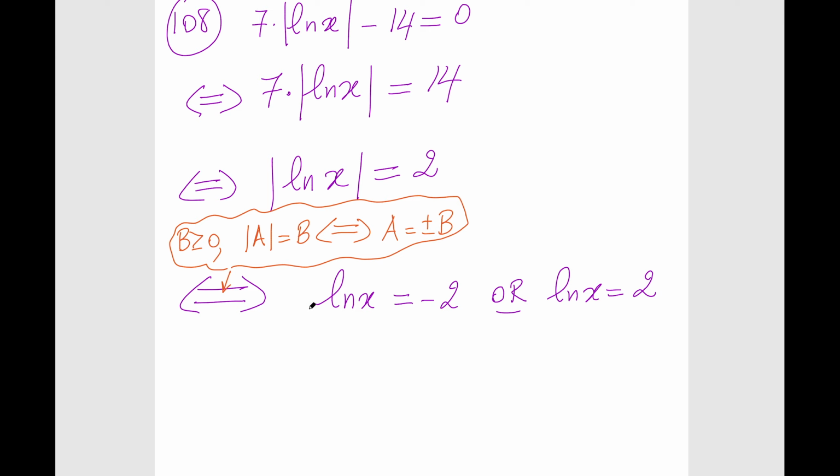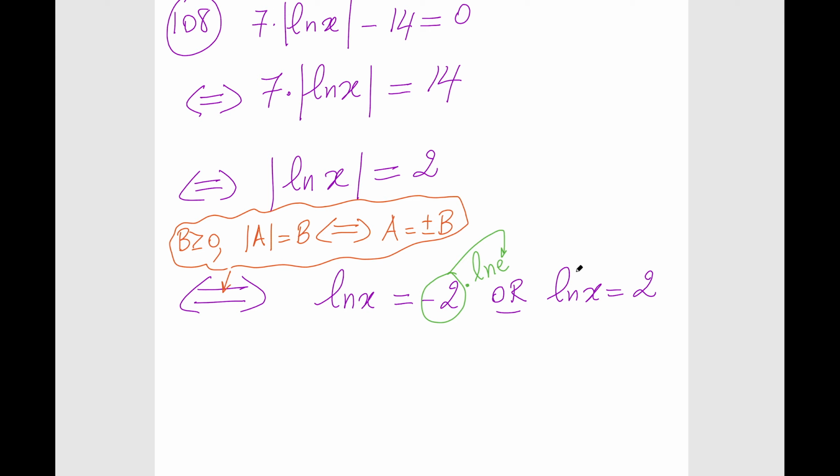Or you can also do it the other way: multiply by ln e, because ln e is 1, and bring that negative 2 as an exponent. Then this becomes ln x equals ln of e to the power negative 2, and that tells you x must be e to the power negative 2.